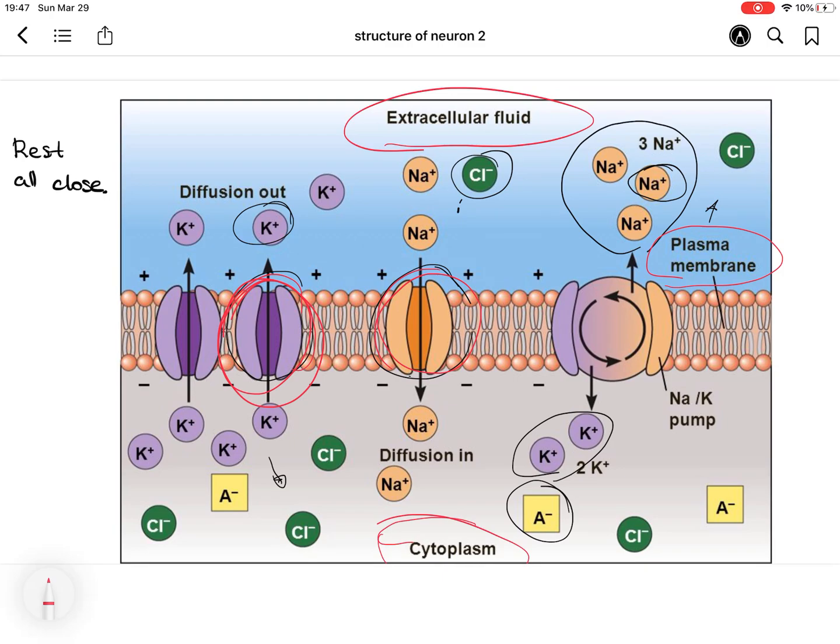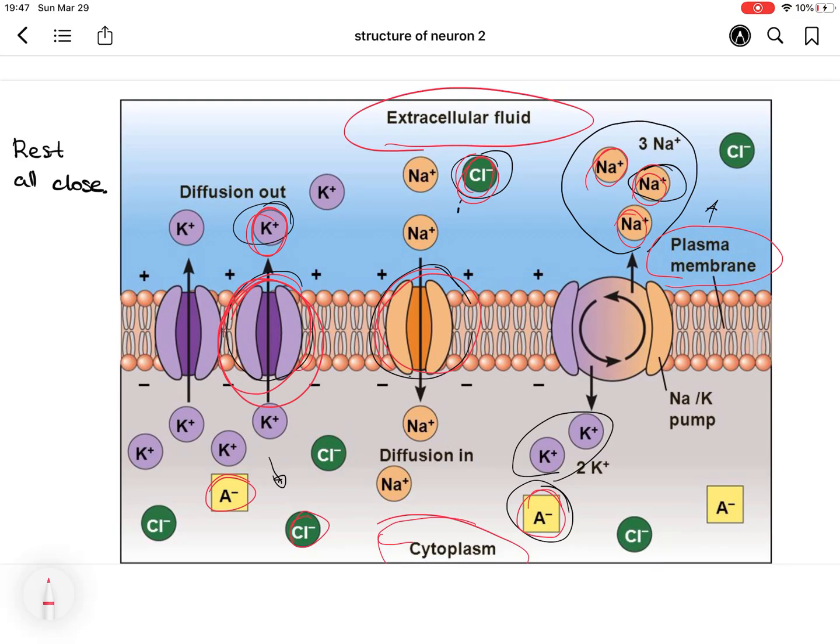Okay, in our body, we have a lot of ions. First of all, sodium ions, chloride ions, potassium ions. Also, A minus, a protein with a negative charge. Now, inside the cell we have more chloride and anions, which give a negative charge to the inside of the cell.